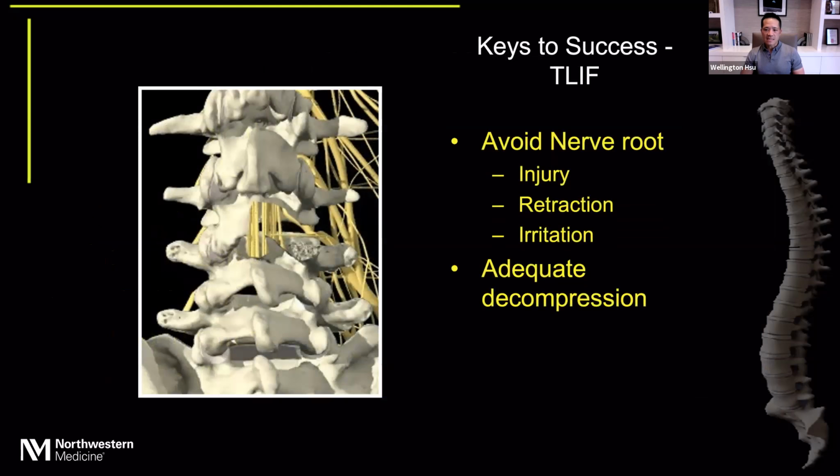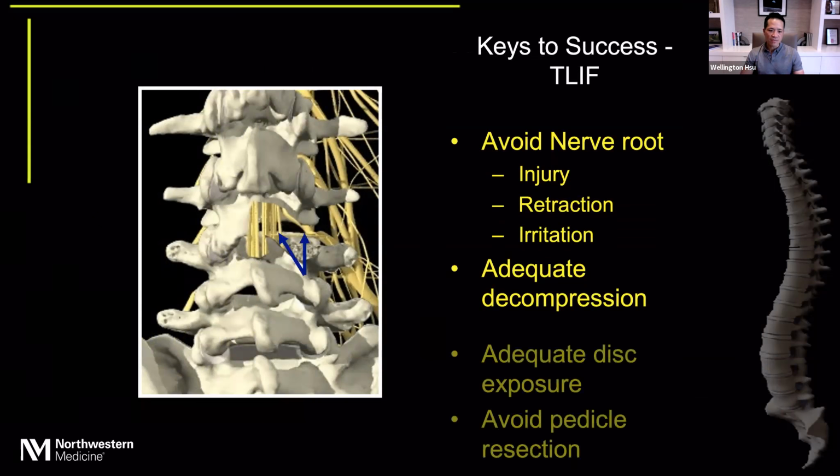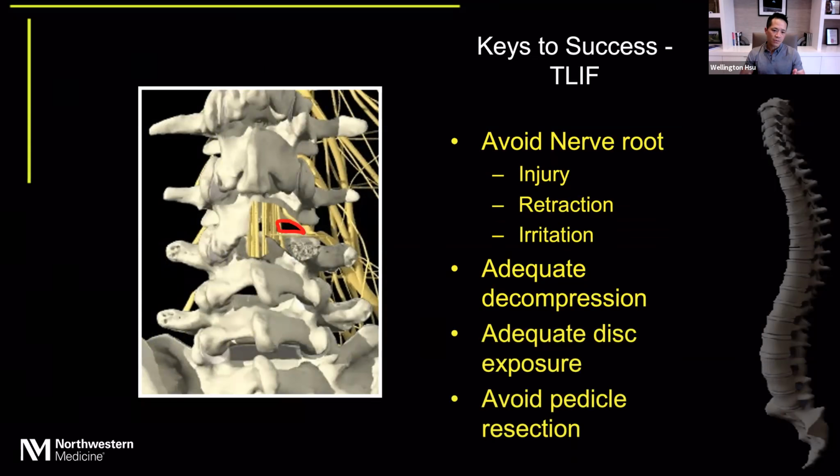So the keys to success for a TLIF is that you want to avoid retracting the nerve root too much. There's no question that we have to retract the nerve root to some degree because Kambin's triangle here is very small. And we have to be able to move the traversing nerve root and be able to protect the exiting nerve root so that when we put a 12 to 14 millimeter cage in, we're not shattering that, or we don't have any collateral damage.